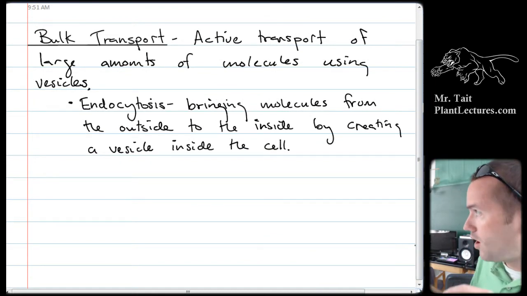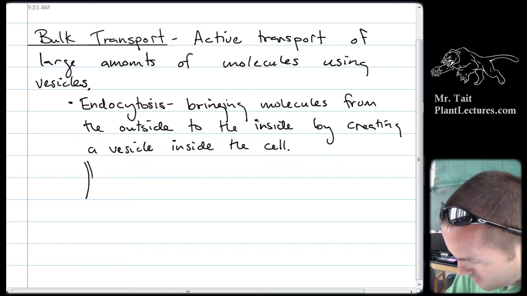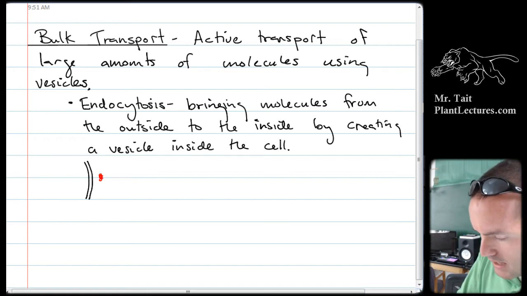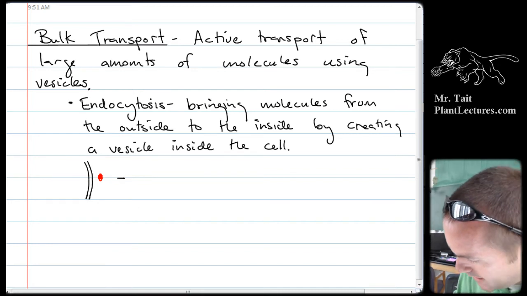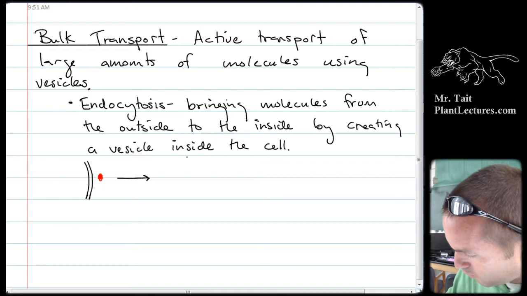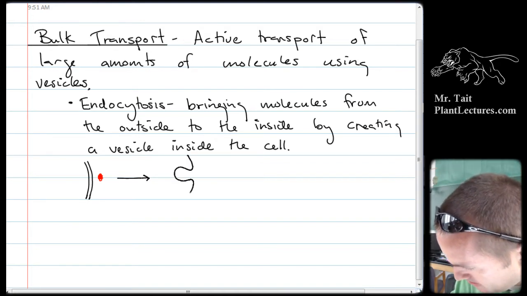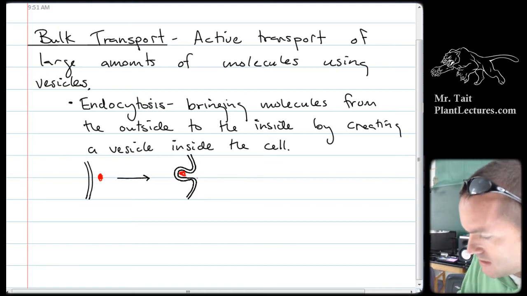So if you're going to draw endocytosis, what you would see is a phospholipid bilayer, something like that. You get a protein on the outside that the cell wants to eat, right? Then you have the indentation forming in the phospholipid bilayer. That indentation pulls in whatever that protein was.